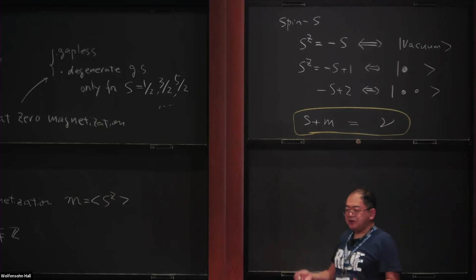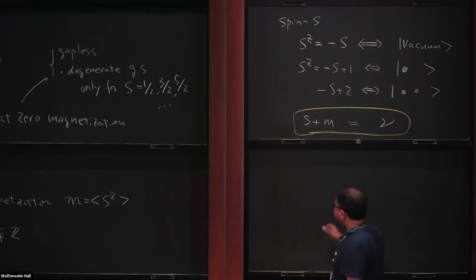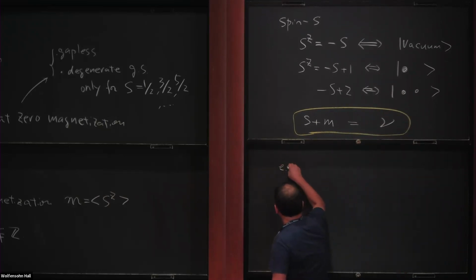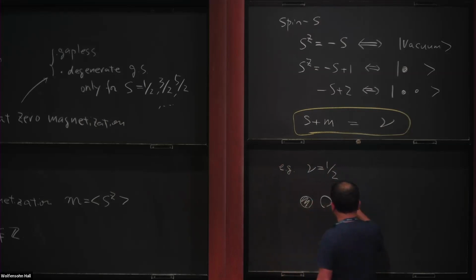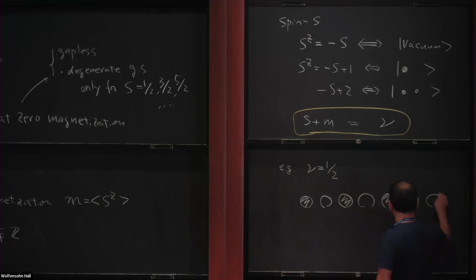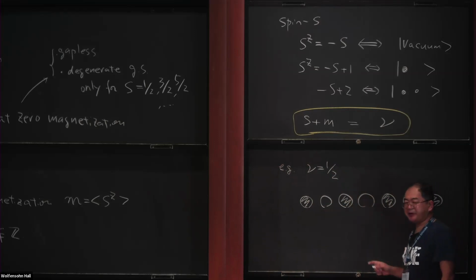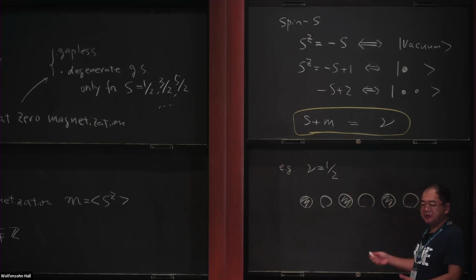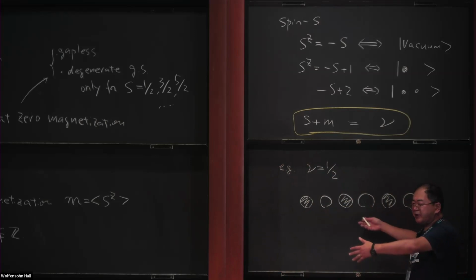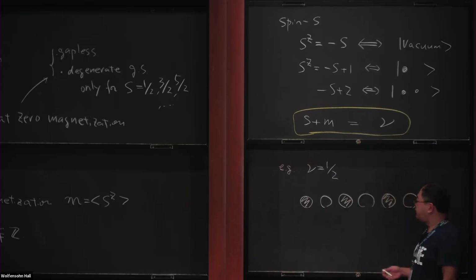But if you have fractional filling, for example if nu equals 1/2, then on average every other site is occupied. So only half of the sites are occupied by particles. And then you want to realize a gapped ground state, let's say.